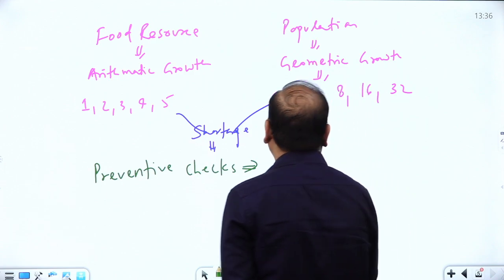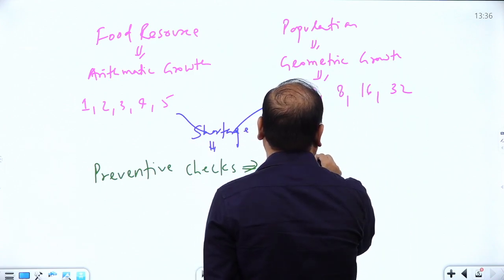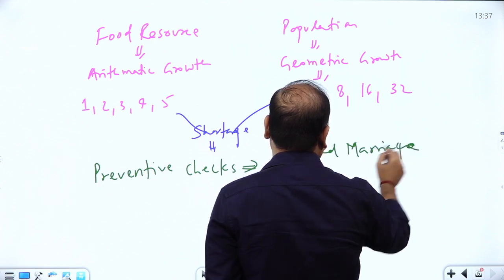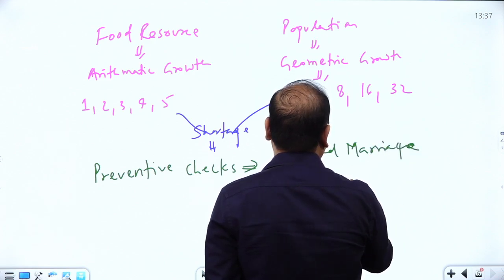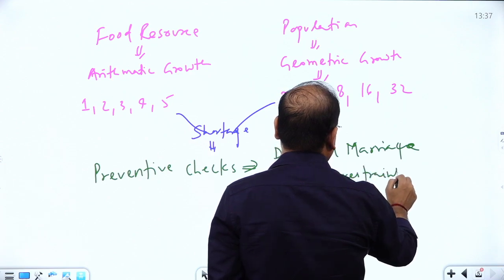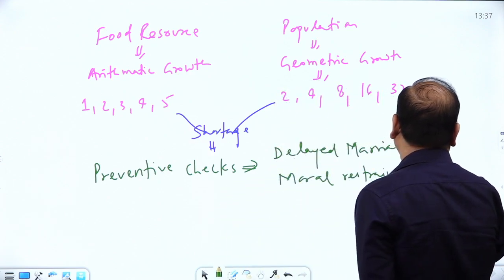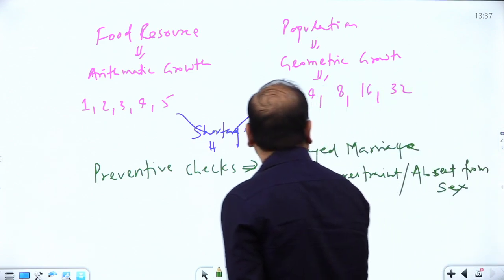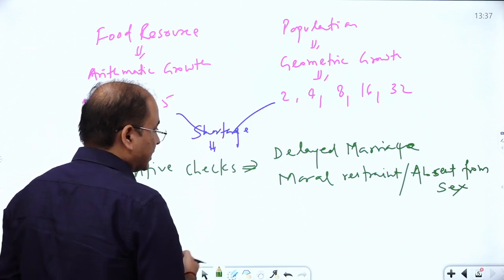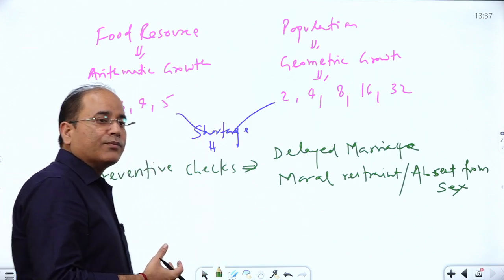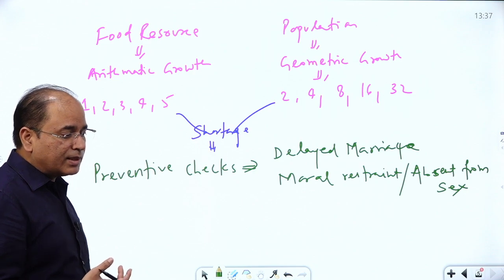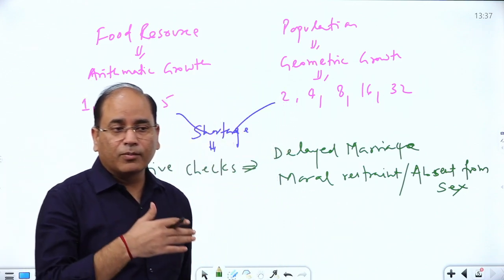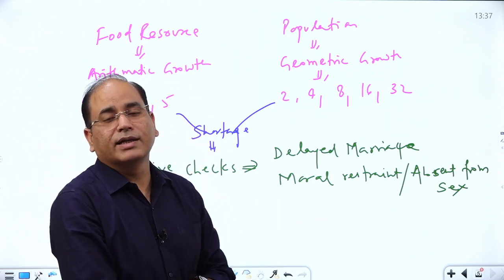Preventive checks like delayed marriage, moral restraint or abstinence from sex. So moral restraint, delayed marriage, celibacy. So these were some of the methodologies that have been suggested by Malthus. And definitely it will give some results. So population will start declining or population will get controlled.